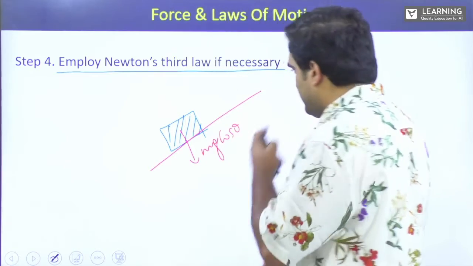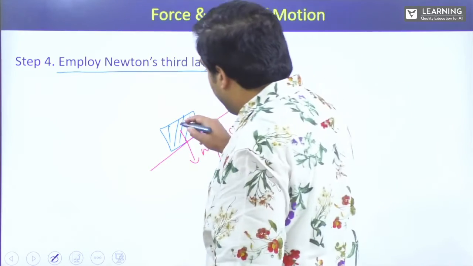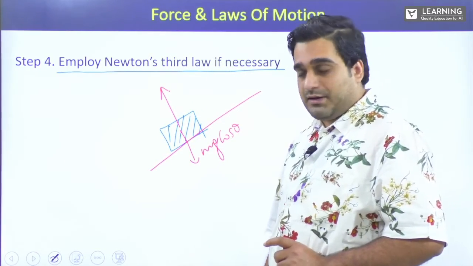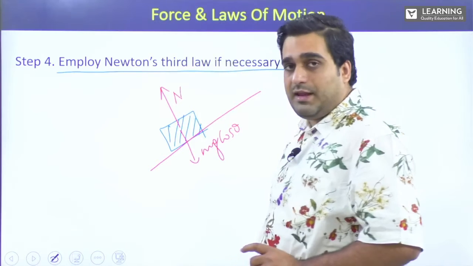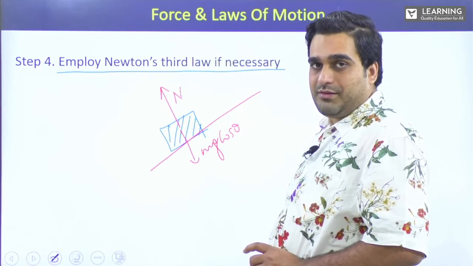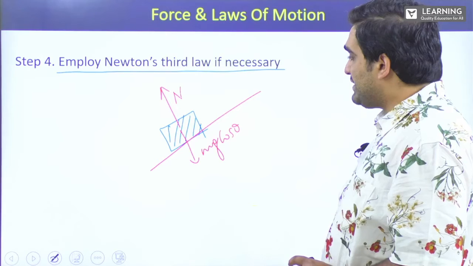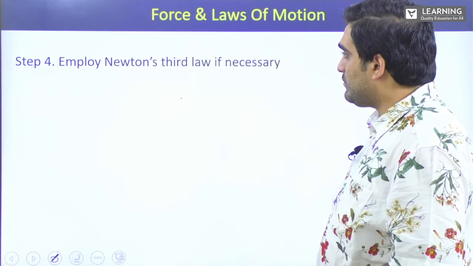This is the surface. Then there's an opposing force acting in an upward direction, which is given by the normal force N.